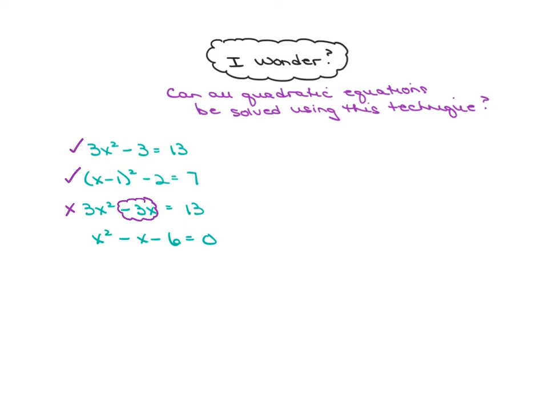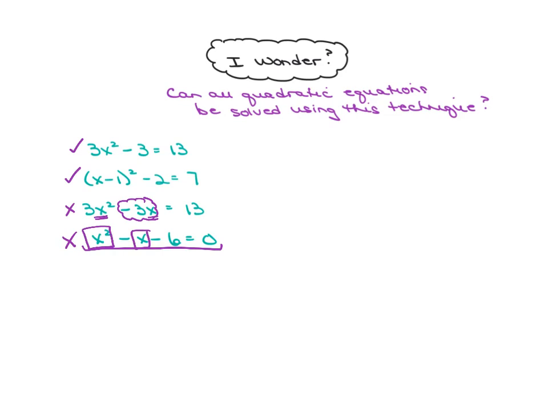Because our variable x is being both squared, but then also it's here raised to the first power, just plain x, we're going to be unable to isolate just the x squared and not have an x on the other side. So it can't be used for this one. How about this equation? Same thing, because we have an x squared, but then also x to the first power, this cannot be solved using the square root method.